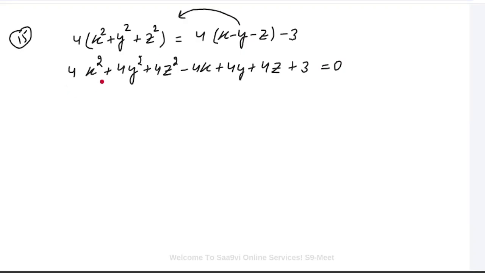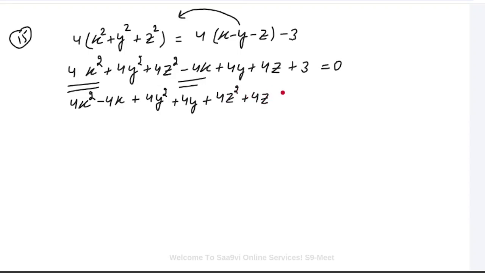Now let's bring x square and minus 4x together, because we're going to use the formulas of (a plus b) whole square and (a minus b) whole square, using the completing the square method. So we can bring all the x's together: 4x square minus 4x plus 4y square plus 4y plus 4z square plus 4z plus 3 equal to 0.